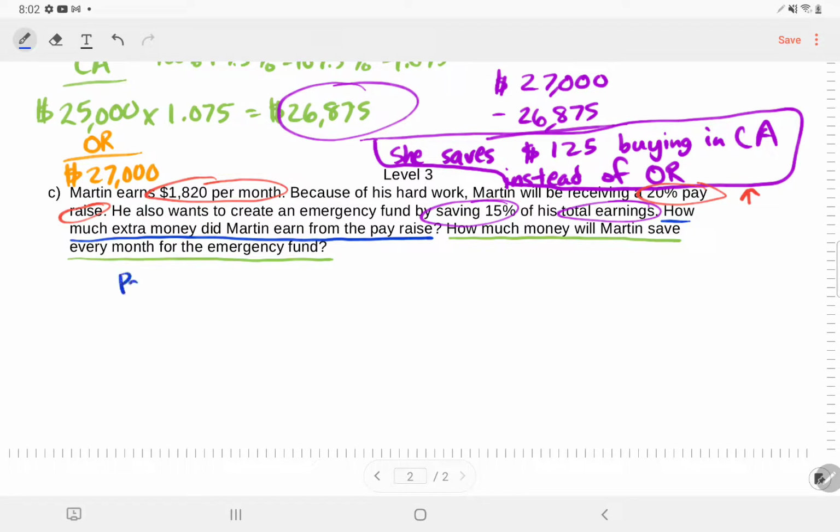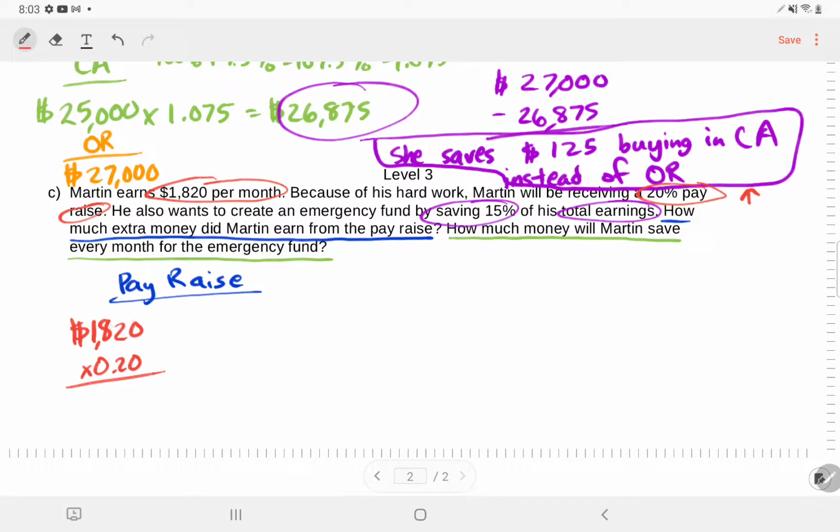To figure out the pay raise, we're going to take the $1,820, and we know we're increasing, so we can multiply by 0.20. We'll do method 2 this time, because last time we did method 1. Either method works.